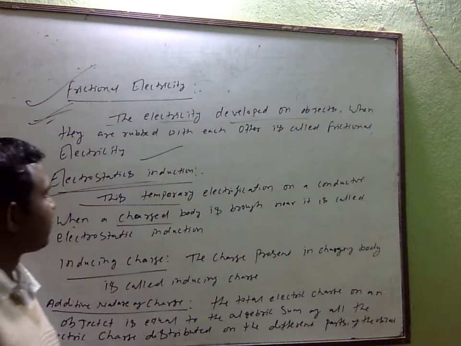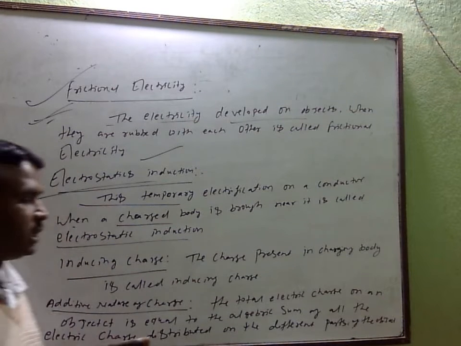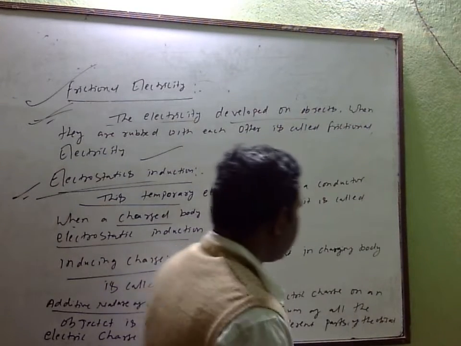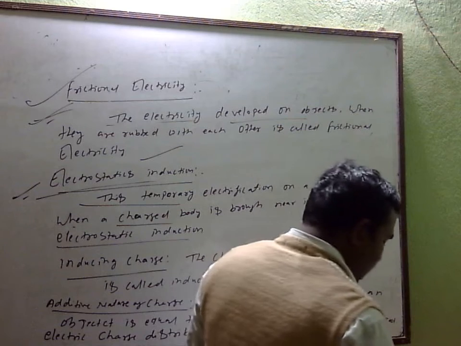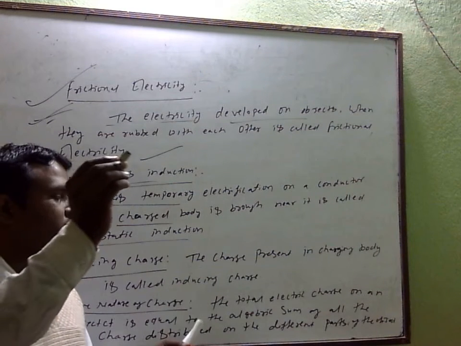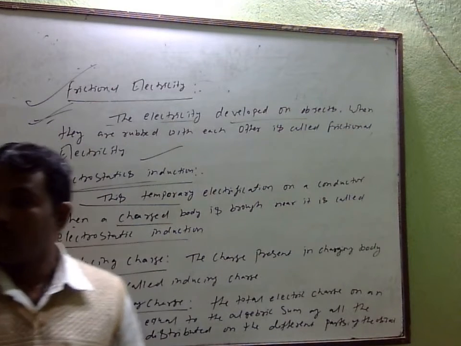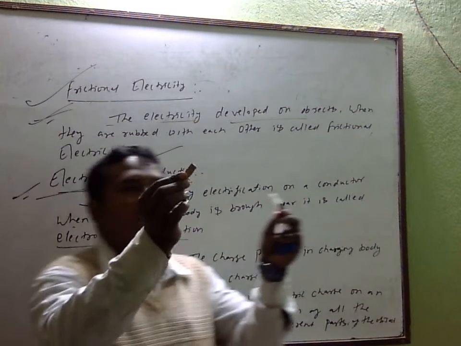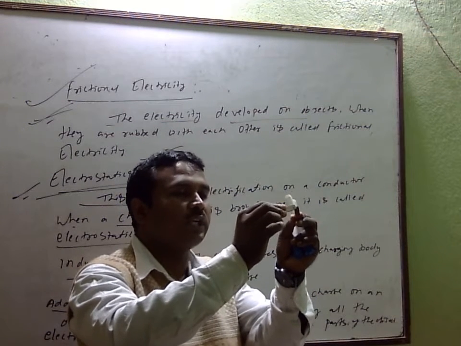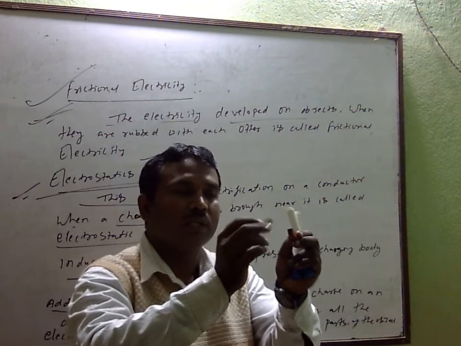What you will notice is some attraction or repulsion, just like I showed with a magnet. Suppose I have a magnet and a piece of iron, you can take any nail also. Now bring the iron near the magnet. What are you observing here?